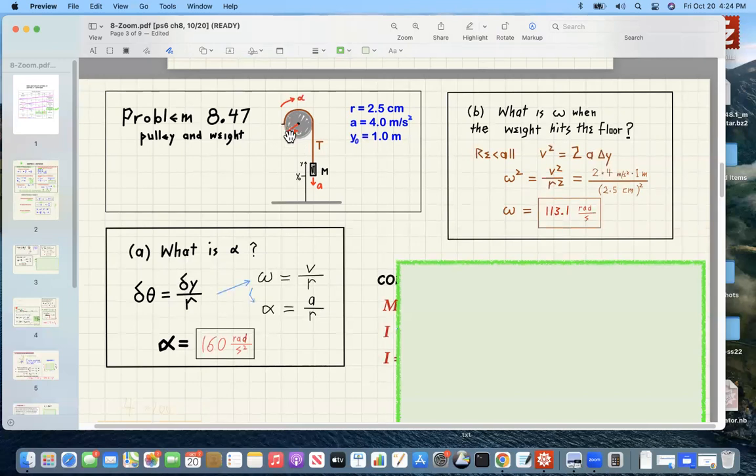So as the block goes down, the string causes the disc to rotate. So there'll be a torque. T here stands for the tension. And in the problem, the first question is, what's the angular acceleration?